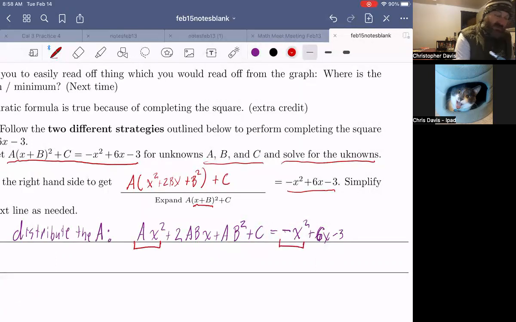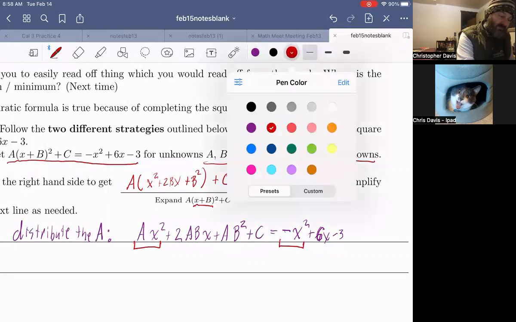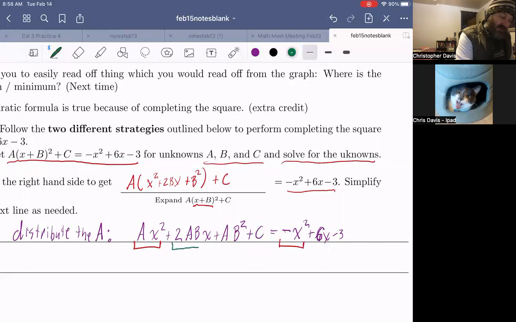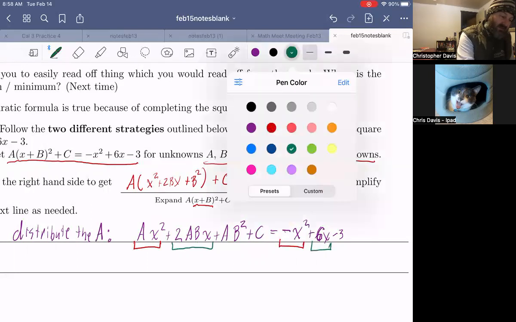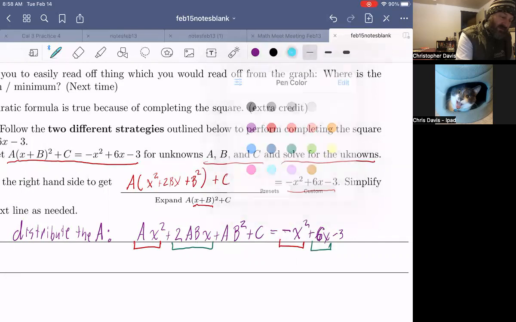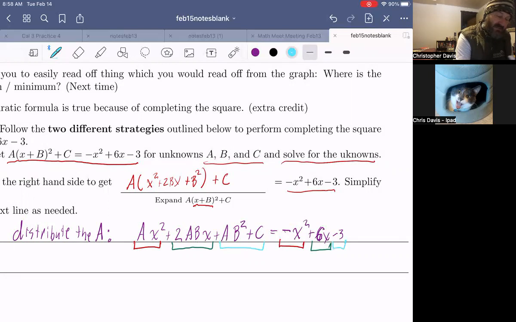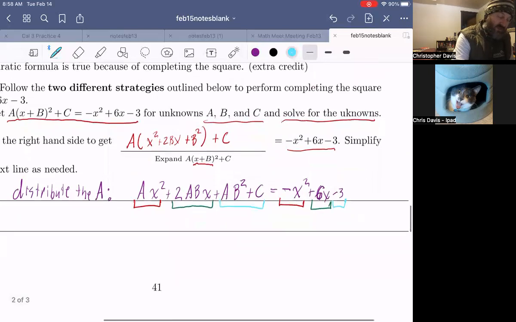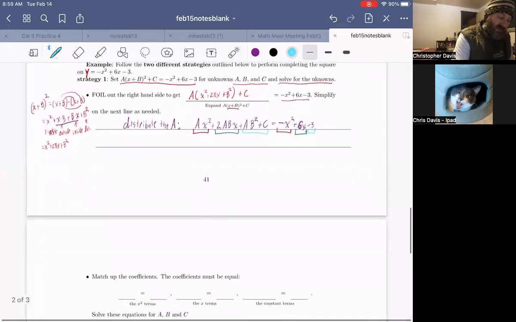So the x squared terms need to be equal. The linear terms need to be equal. And the constant terms need to be equal. Let's see what those say.